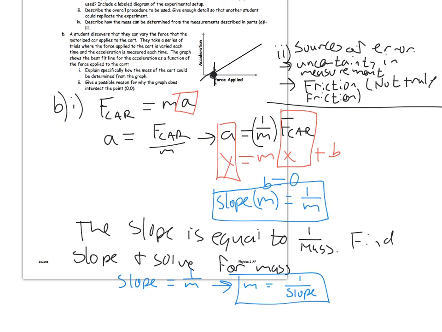Why would there be zero acceleration even though we're applying a force? Well, that would be because we have a small frictional force acting backwards on the object. So at this point the applied force and the friction are equal, and it results in no acceleration. And then as we increase the applied force, we start to see that acceleration. So either one of those is a possible answer. The second one's probably the more likely one, but it could be uncertainty in measurement as well.